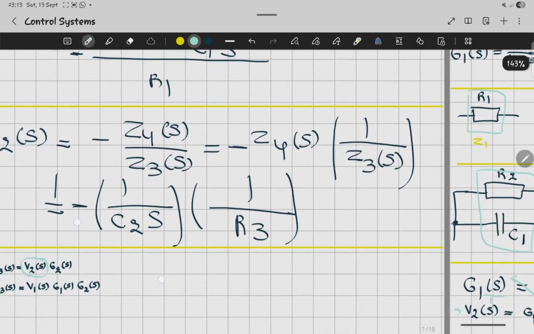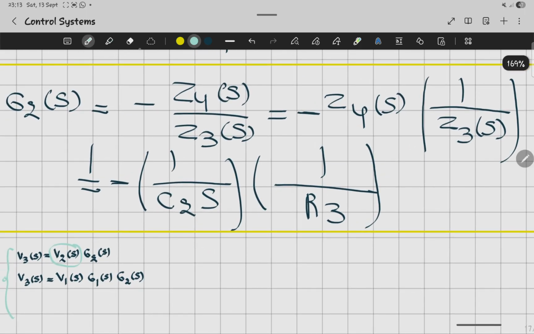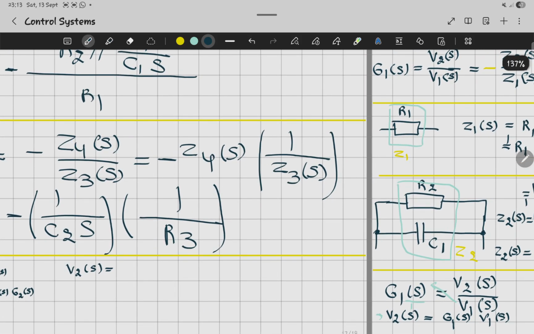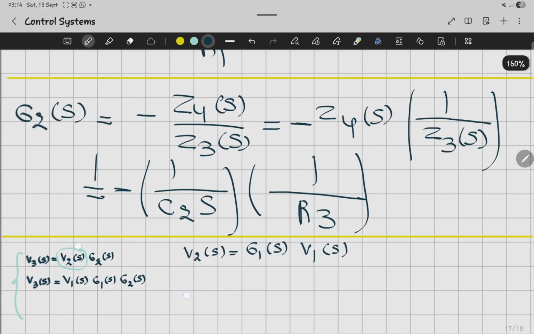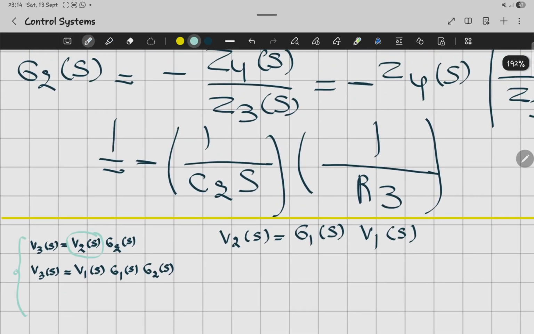So we have this equation and this other equation at the beginning. It was V2(S) equal to J1(S) V1(S). We just replaced this equation into that V2(S).